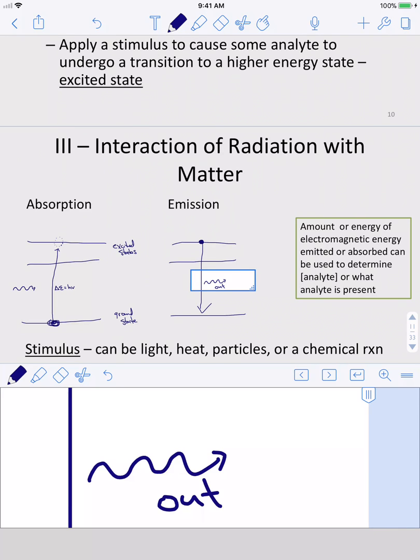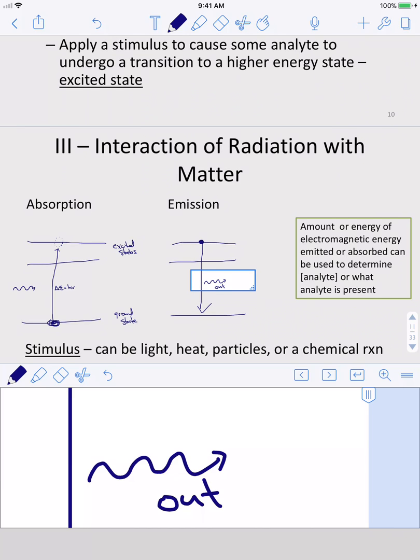Okay, so we can then say that that energy or the wavelength or the intensity is then proportional to the concentration of our analyte present. So now that becomes a signal which we can calibrate and use for an analytical procedure.